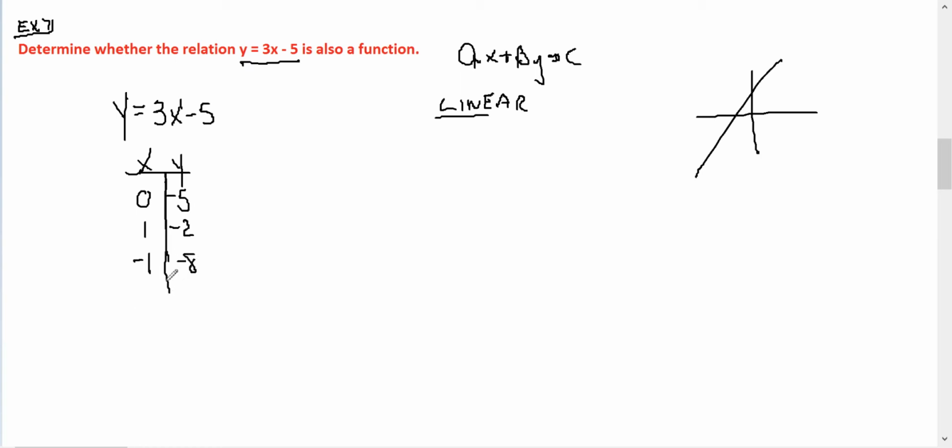So for every value of x I give this equation, I'm going to get a different value for y. So therefore that tells me that this is indeed a function. But I don't have to go through all that. That means I'd have to go through it to infinity, and that would take too long, of course. I can just look at the problem. The x is to the first degree, the y is to the first degree, so therefore it's a function.